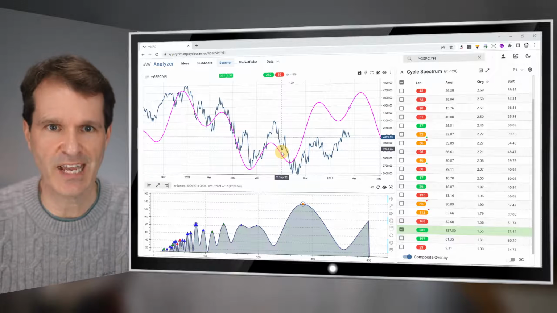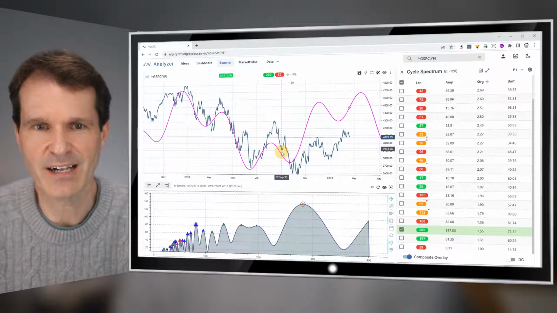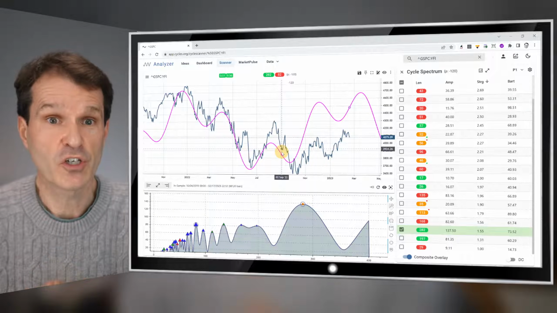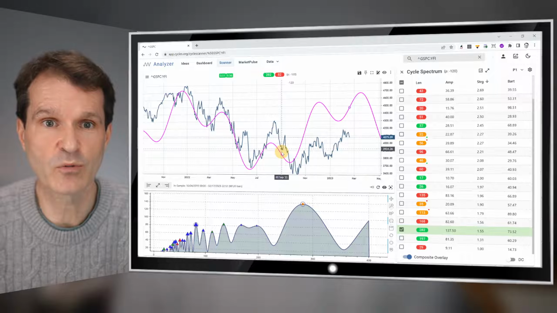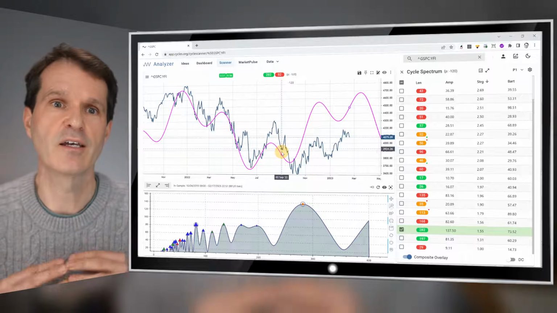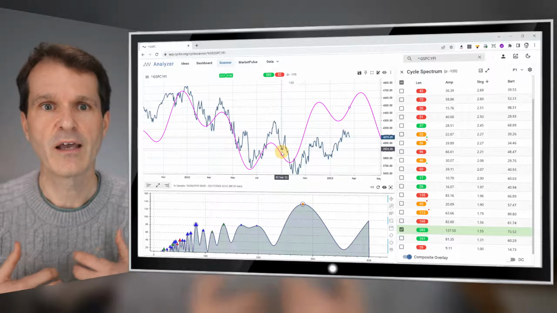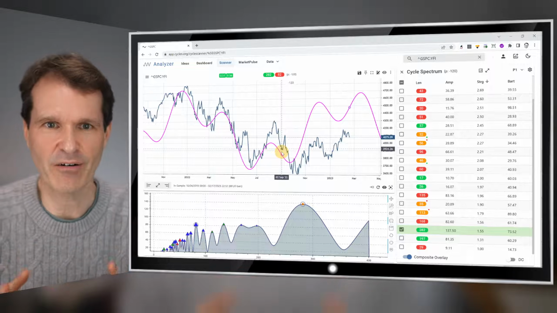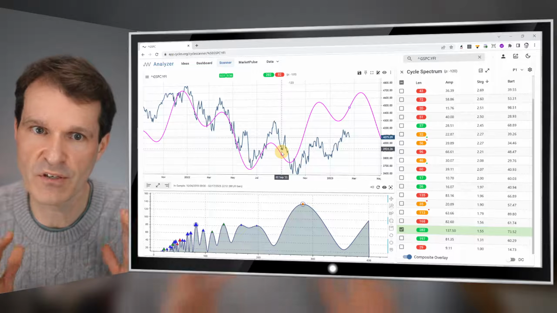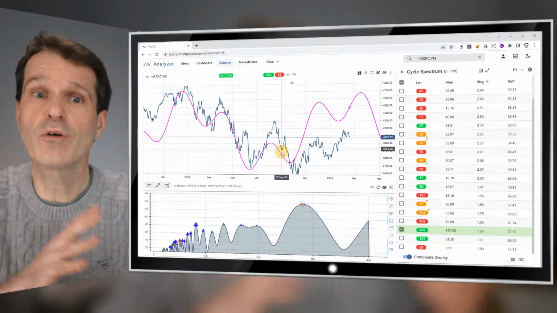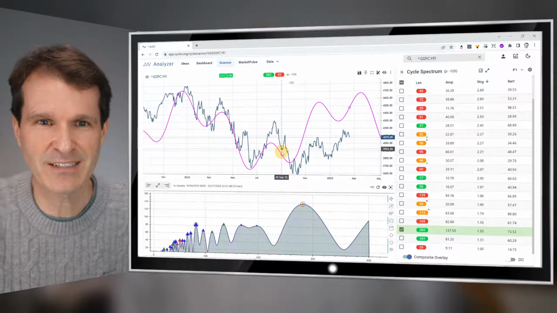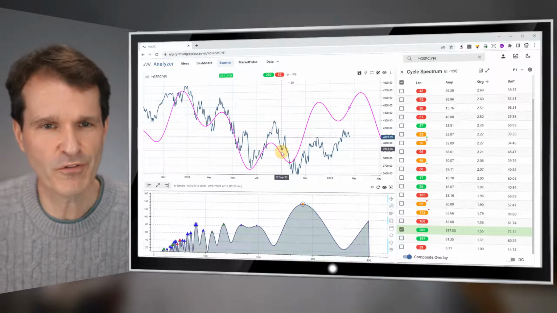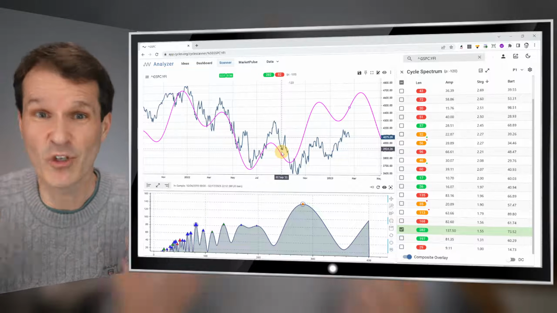The rule set which is picking the cycles from the spectrum has to do with these 6 rules: sharpness, plateau building, amplitude, strength. It does not take care how well a composite would correlate to the original price data, because this would be curve fitting, which will not be useful.